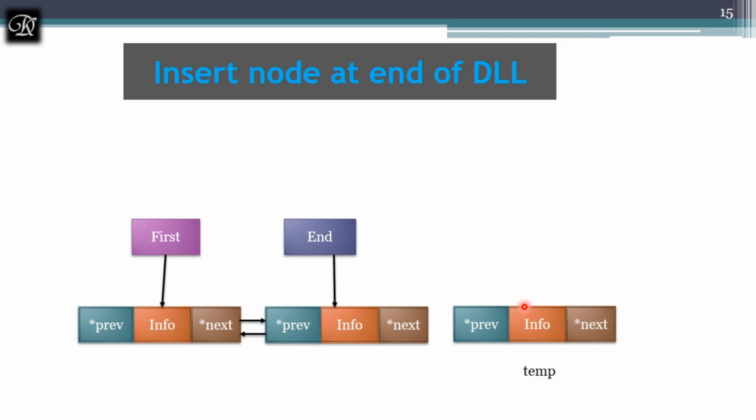For that, we first take a new node and connect end's next with the new node, and the new node's previous with the end node, and call the brand new node the end. This is how we are going to perform the insert at the end.